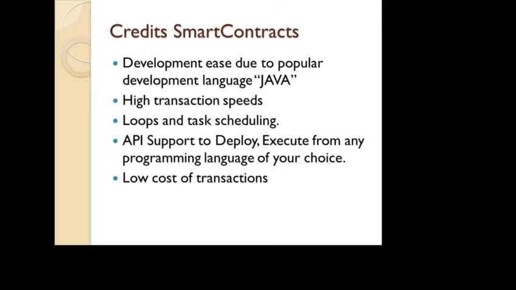And then high transaction speed. Credits, as we have seen, has already demonstrated that it can scale up to 1 million transactions per second and a stable 100,000 transactions per second. Think about it. 100,000 transactions per second itself means 10 times what Visa is currently handling, right? Visa at one point handled maybe 24,000 transactions per second.